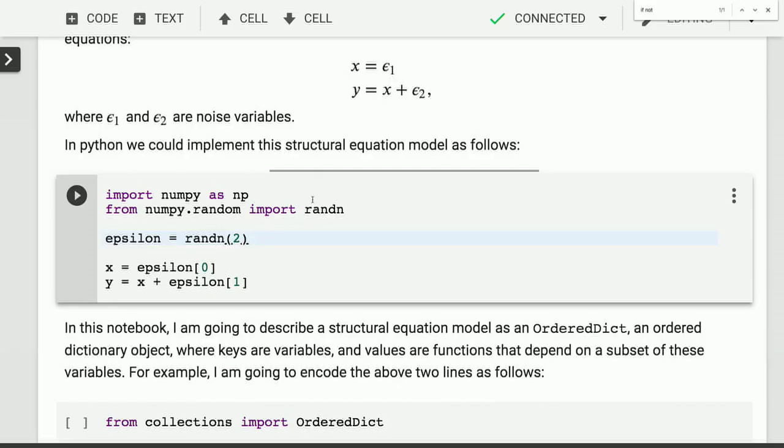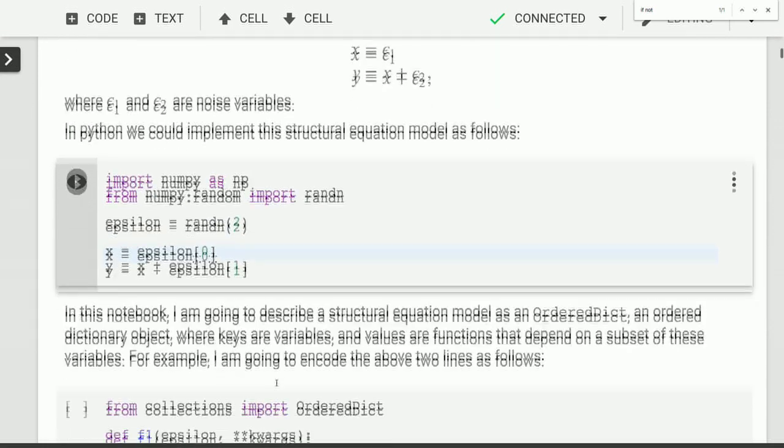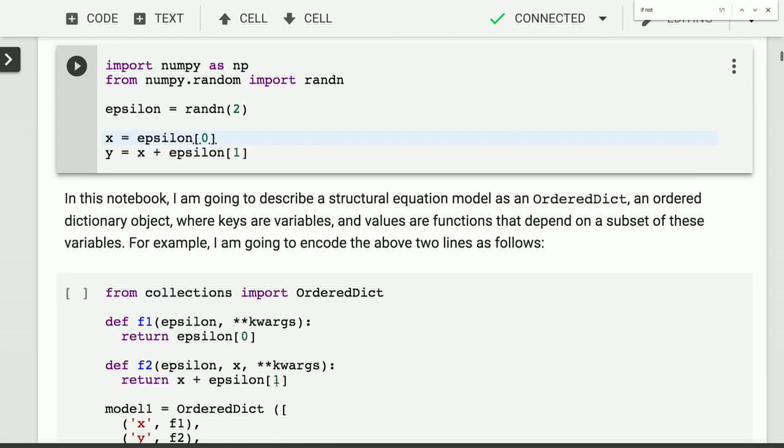But if I do it this way, it's going to be very difficult to manipulate this code. So instead of writing them as a script, I'm going to be using a data structure. I don't know who's familiar with ordered dictionaries in Python. Probably everybody's familiar with dictionaries. An ordered dictionary is a dictionary where the ordering matters.